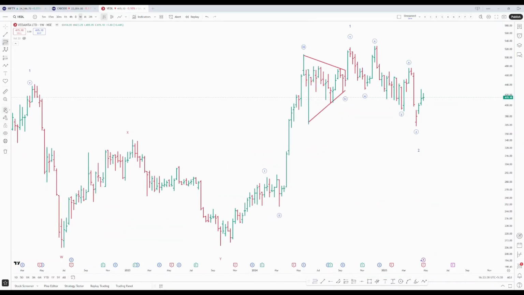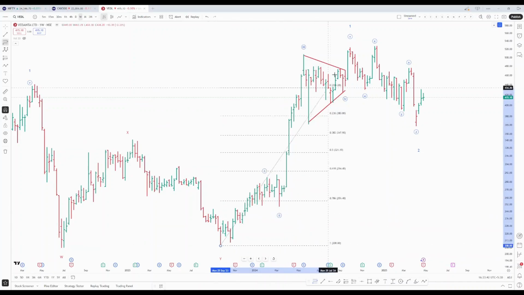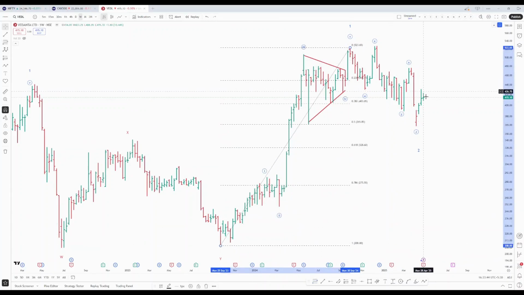Let's check the retracement of this wave. So now you can see this retracement has been to almost 50% level, slightly more than that. Which is okay for wave 2s, though many times it is much deeper, 61.8% or even more.